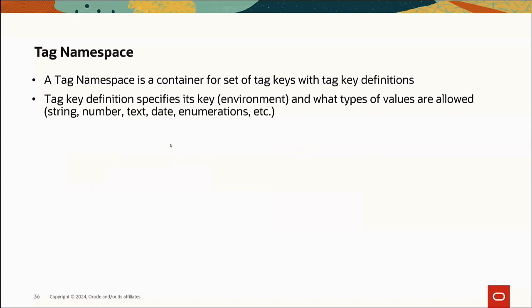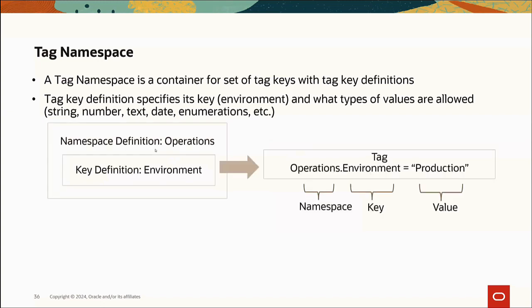Now, this is your namespace definition, and this is your key definition, environment, and that's the namespace. It's called operations. And then the tag here basically becomes operations.environment. That's your key, but the key is always prepended with the tag namespace, right?